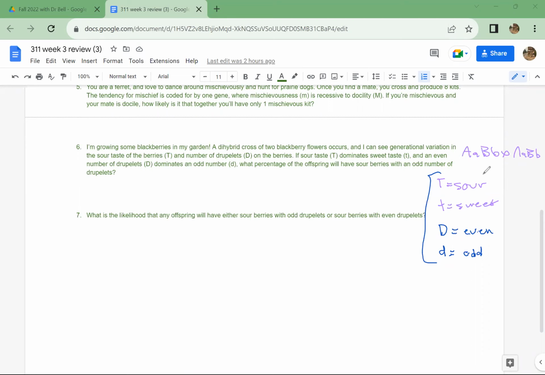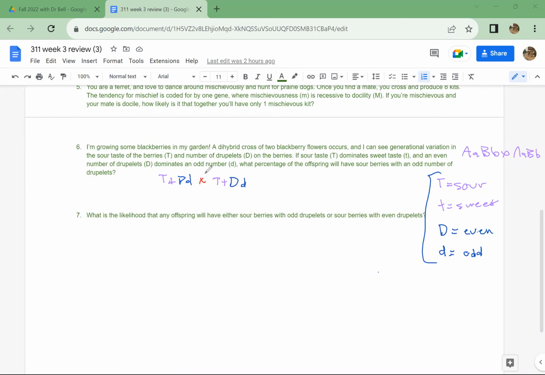So we have this. We know we're doing a dihybrid cross. Dihybrid between a TTDD is going to end up being, actually, let's be consistent with which one is first. It's going to be T, T, and D. Sorry, my handwriting is being kind of terrible.